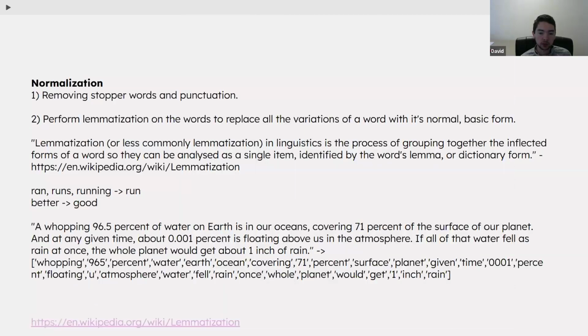Based on that, it doesn't show it here, but we can count how many times each word appears in the document. For example, water appears several times, so that would have a higher count. And a word like time only appears once, so it would only have a count of 1.